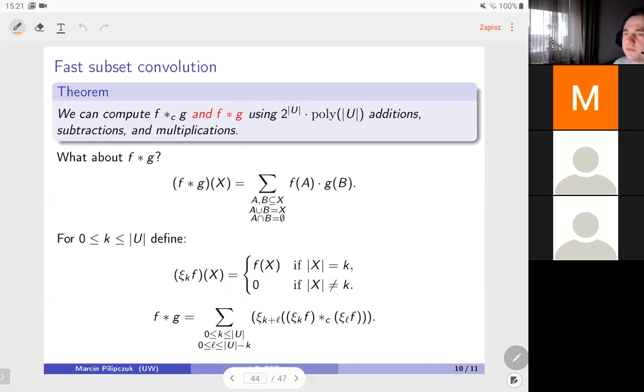So there's one caveat here. I said additions, subtractions, multiplications. There are two things. If you are doing integers and you start with f and g being indicator functions of some set, which is very often the case, then all these numbers could be exponential in n, maybe 2 to the n or something like that.